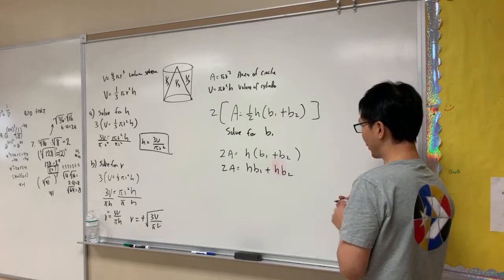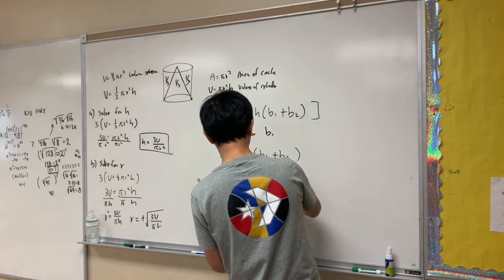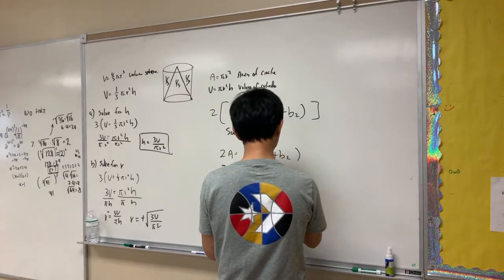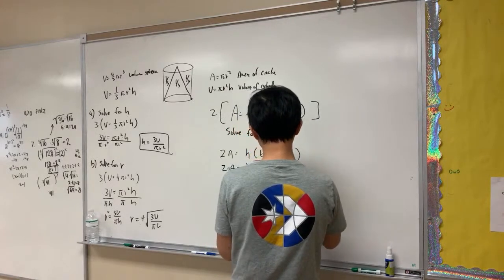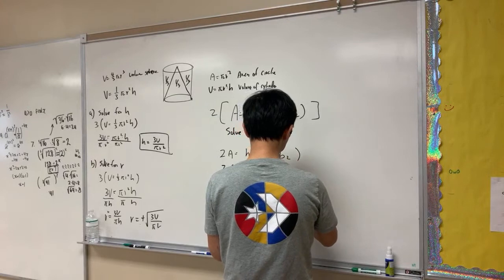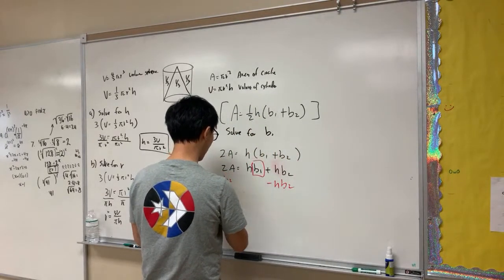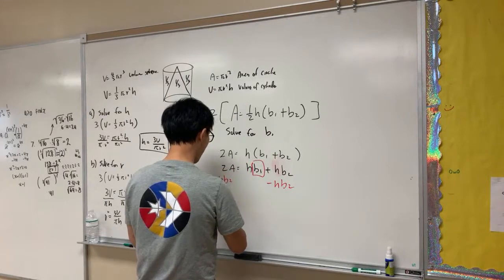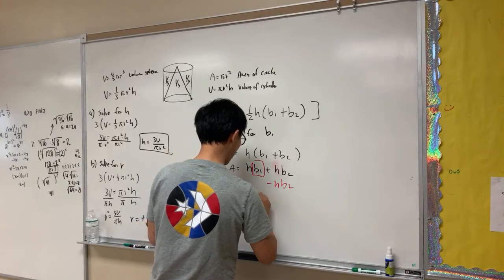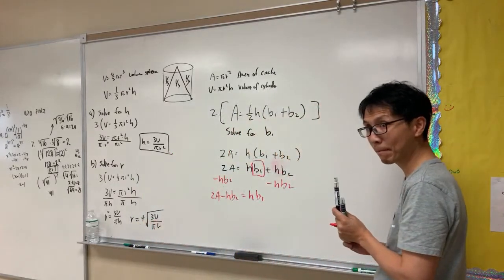Now, what am I solving for? B1. So where's the b1 at? Right next to it. So what do I do? No, you had to get this by subtracting. So that's gonna be 2a minus h b2. That's equal to h b1. Do you see that?